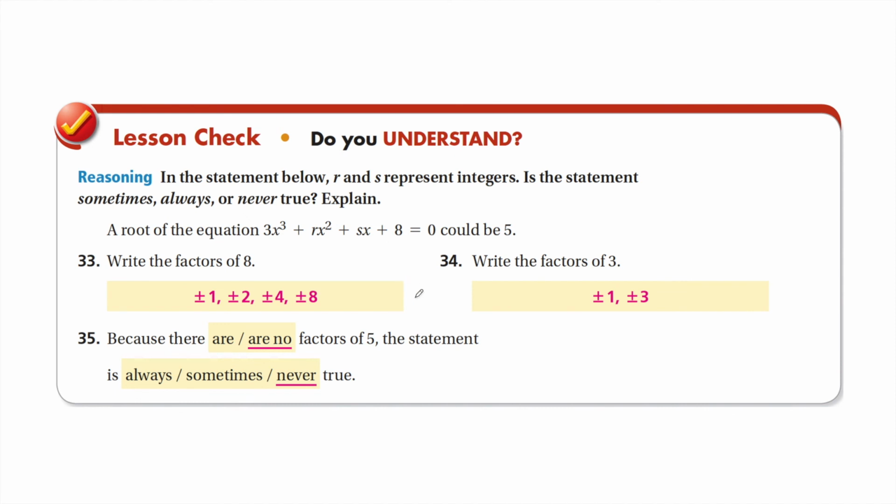So once again, really quick, we cannot take the factors of the constant and divide them by the factors of the leading coefficient and ever eventually get a 5, and therefore that 5 cannot be a root or a solution of this problem, and that's why it's considered never true.